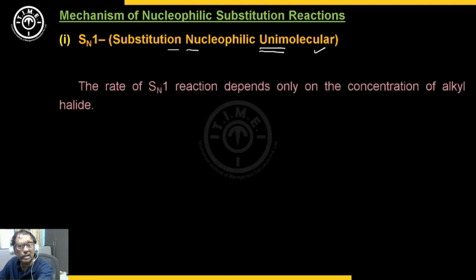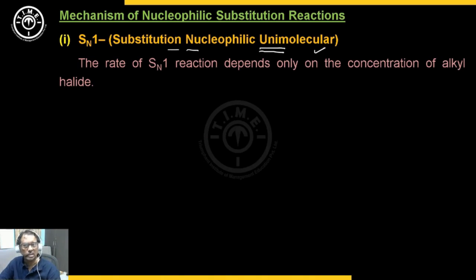Now, how is the rate dependent on the concentration of alkyl halide? It is dependent only on the concentration of alkyl halide, not on the concentration of the nucleophile. The nucleophile is also coming and attacking, but the SN1 rate depends only on the concentration of the alkyl halide, or the haloalkane. How can we show this? Rate is equal to k into the concentration of the alkyl halide, RX. Actually, there is a power of 1 here.